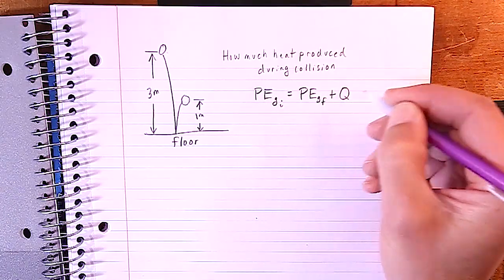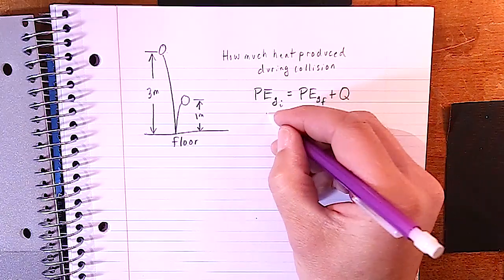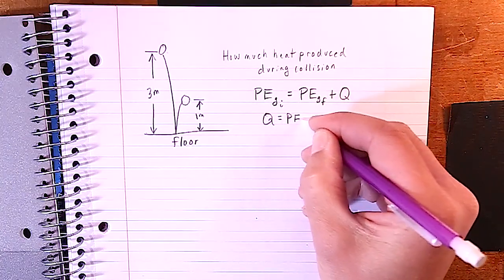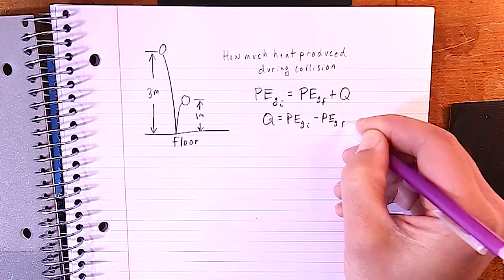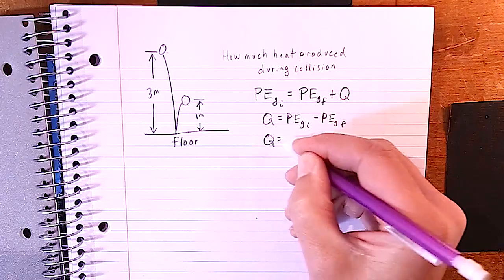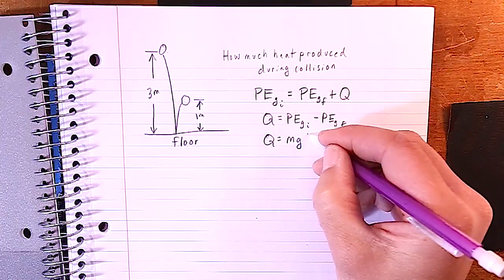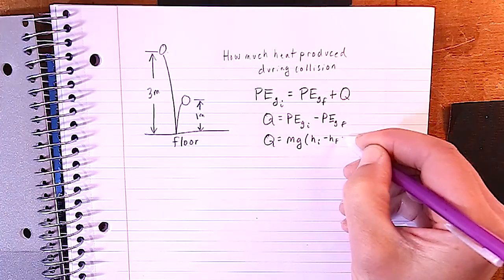That's going to be the heat produced during the collision. So if we rearrange that formula, we can say Q is equal to PEG initial minus PEG final. I'm just subtracting this to the other side. So Q is going to be equal to mg, I'm factoring out the mg, h initial minus h final.